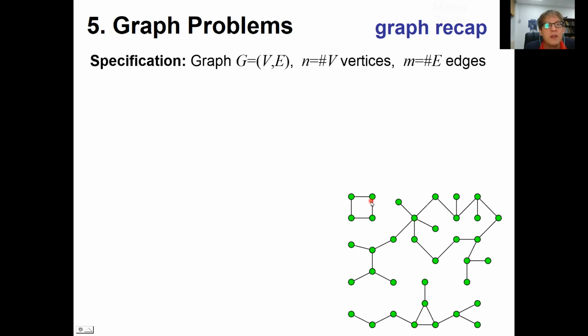this drawing don't have arrows, meaning that one can go from here to here as well as from here to here. And there were two ways of capturing that mathematically. One by having two edges, one directed edge from here to here and another directed edge from here to here.